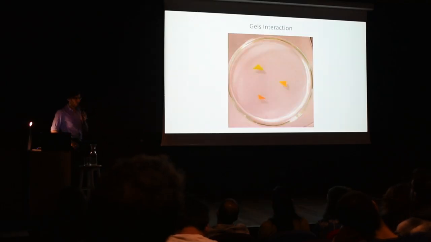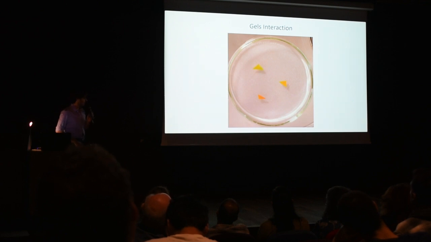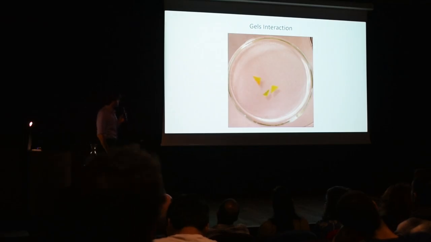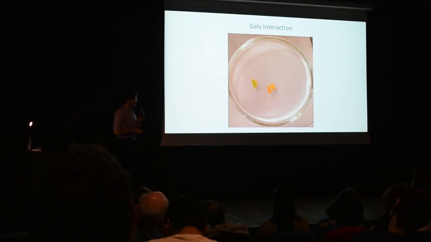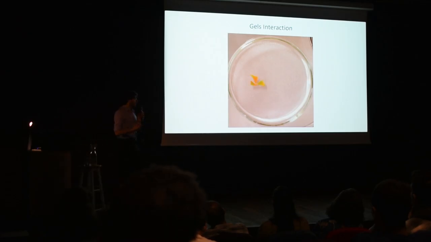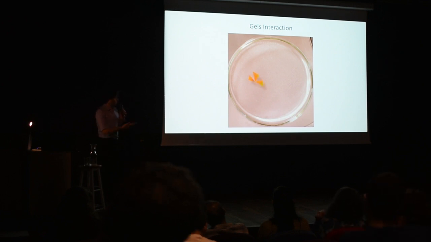We can put some of these nice gels together and see them dance. Not just do they dance, they also synchronize in some sense. You just have to wait some seconds, but you can see what happens here: every gel, as we said earlier, deforms the interface during its bending, and the other gels feel this deformation, so they attract and repel each other and make all these beautiful shapes.